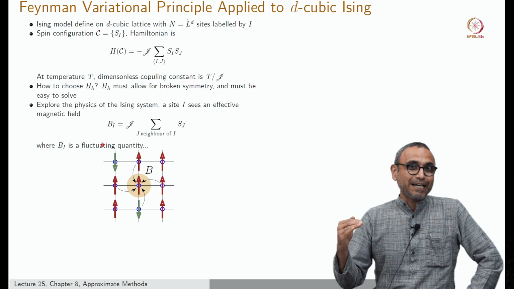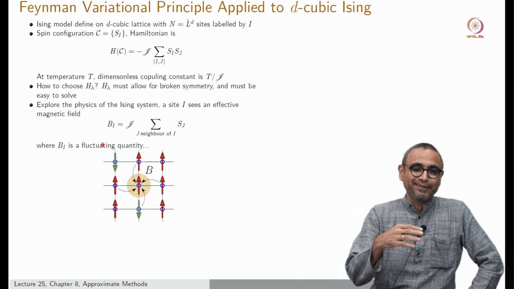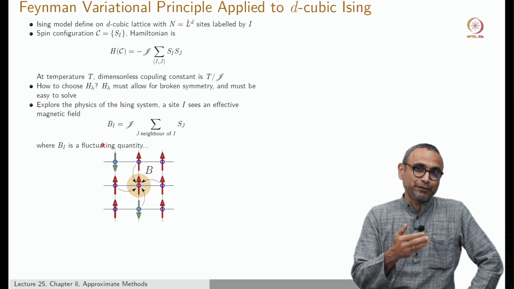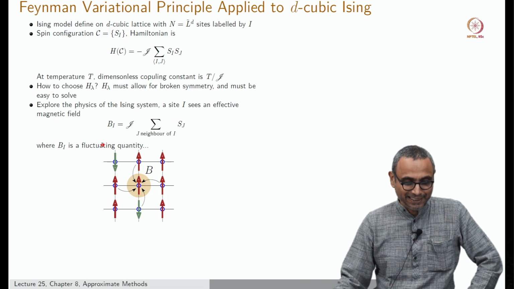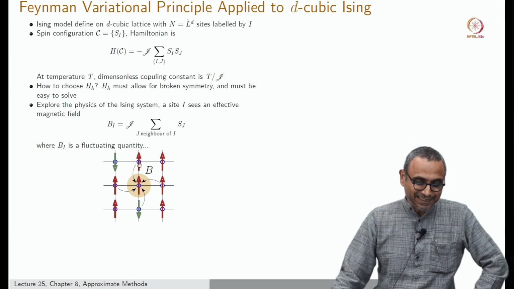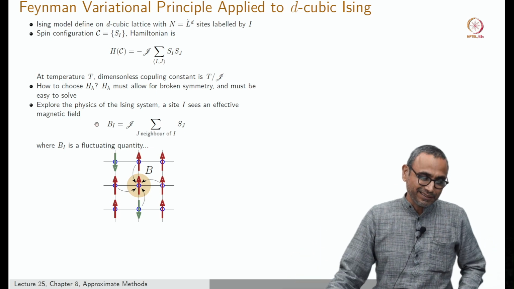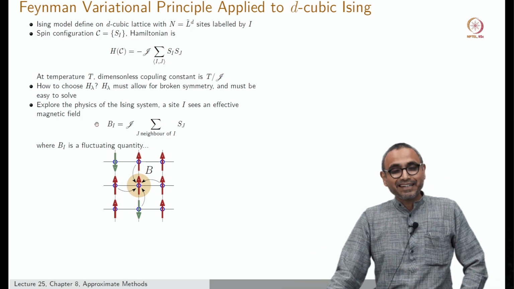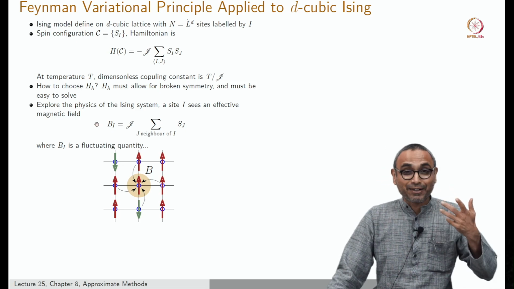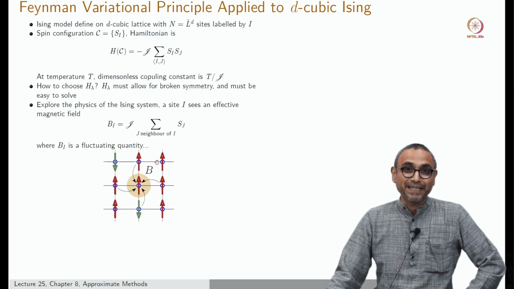Except that when you think about the broken symmetry state, suppose you think of the ferromagnetic state where everything is pointing up and you are at the ground state of the 2D Ising model, then you can imagine that this B field has stopped fluctuating, and you could think of it as having some kind of average magnetic field. That is what I am calling B.